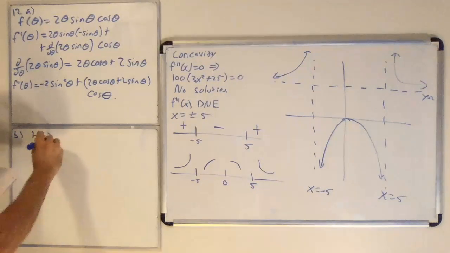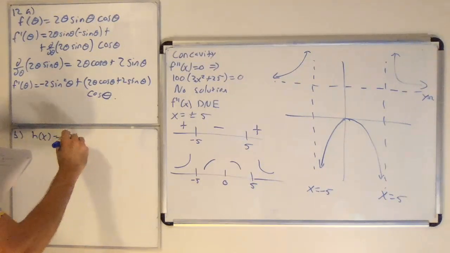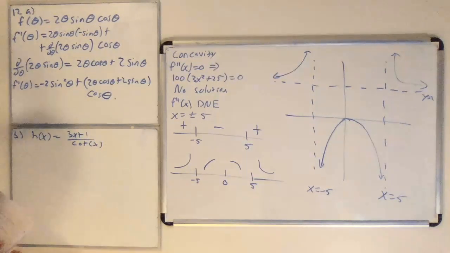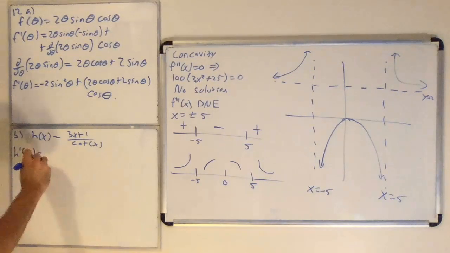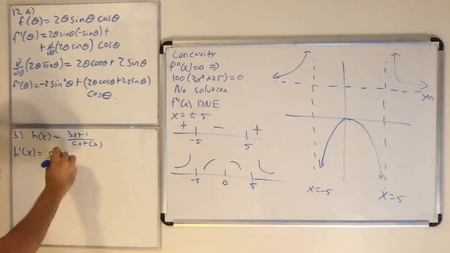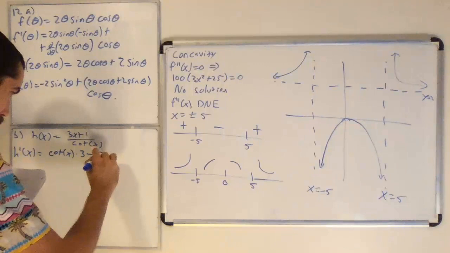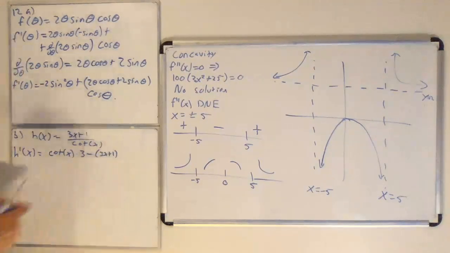B, h of x is equal to 3x plus 1 over cotan of x. This is just going to be the quotient rule, so this is like 3 points. Bottom times the derivative of the top minus the top times the derivative of the bottom.